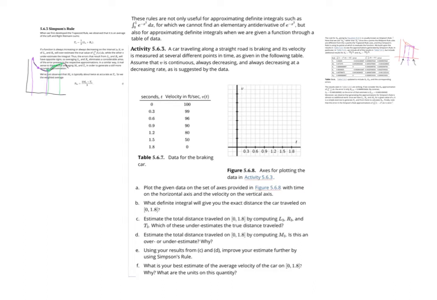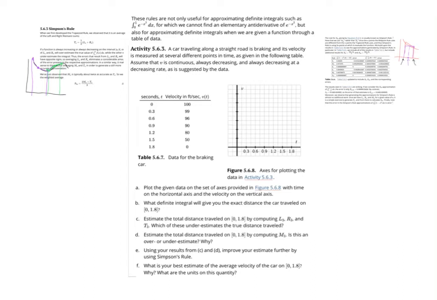This problem is about velocity. If you recall from Calc 1, when you take a velocity function and integrate it, you're getting a distance function. So it's useful for us to integrate velocity because we want to know distance. We want to know how far a car traveled based on just measuring what's on the speedometer at certain time intervals.